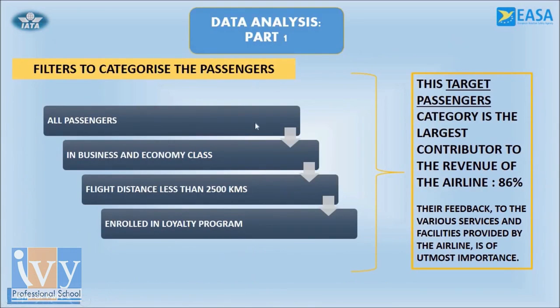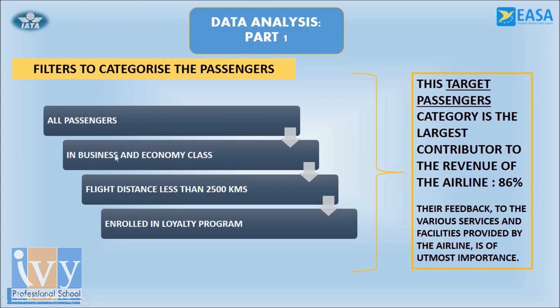So this is the chronology that we followed to arrive at this conclusion about the major passengers who are traveling with this particular airline. We first had the entire data set in our hands.